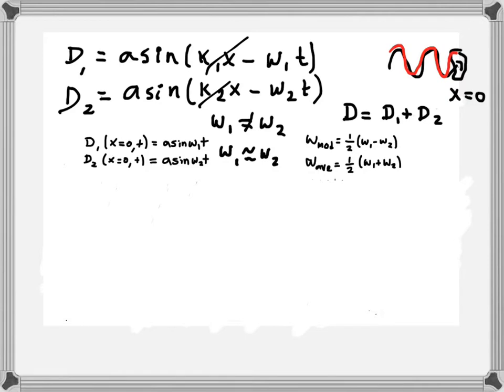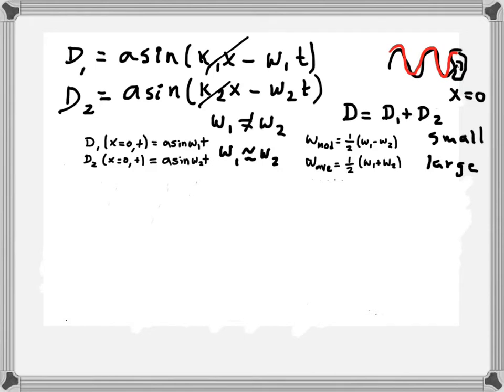We're going to define omega modulation, omega_mod, as 1/2 of omega1 minus omega2, and omega average as 1/2 of omega1 plus omega2. I'll show you in a minute how these two frequencies play a role in the superposition of the two. But notice that omega modulation is a small number because omega1 is close to omega2.